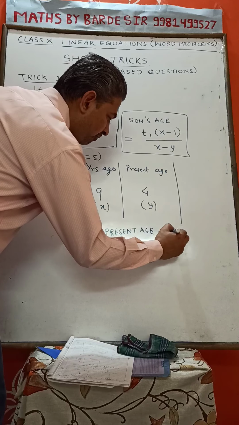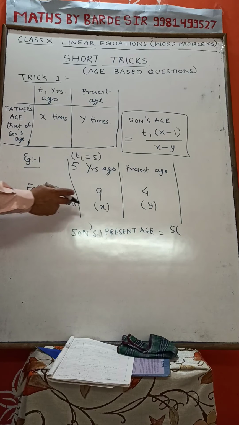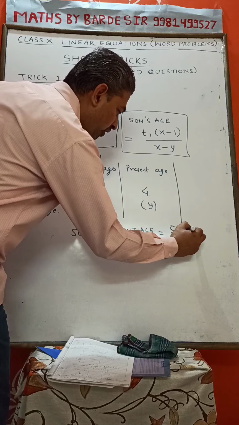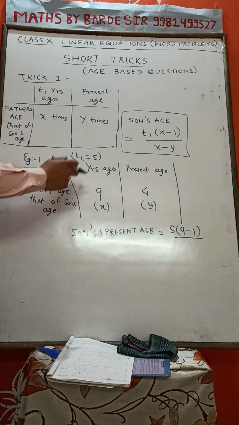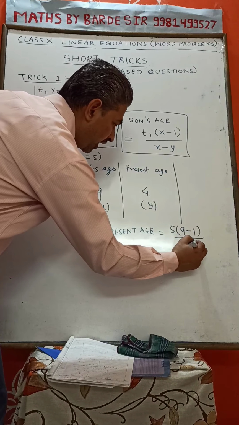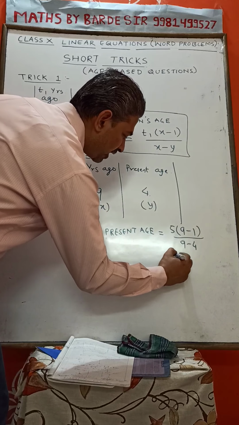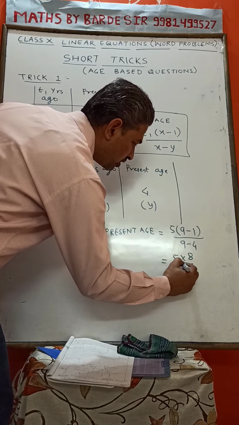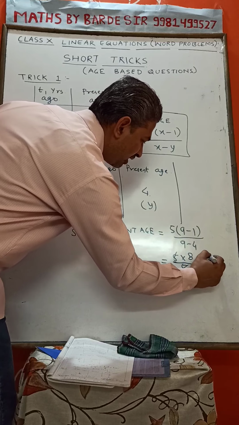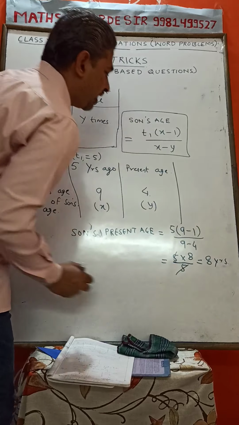T1 is 5, X is 9, so 9 minus 1, upon x minus y, 9 minus 4. So here we get 5 into 8 upon 5. 5 cancels. So son's present age is 8 years.